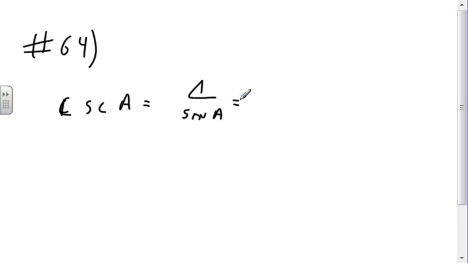1 divided by 0.8387. That gives 1.91923, so 4 significant digits, 1.919. All right.